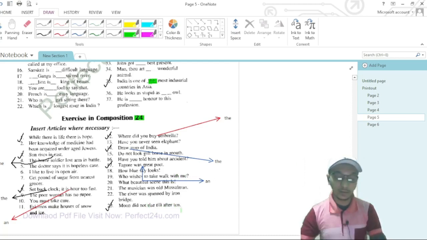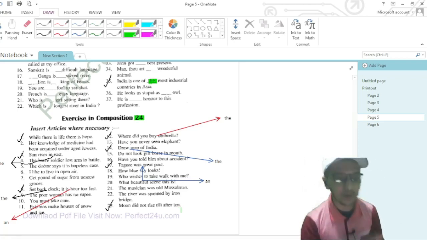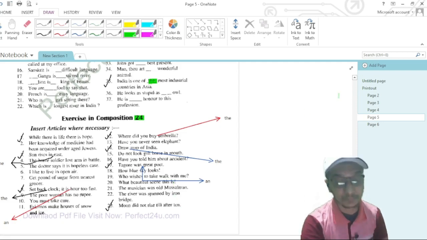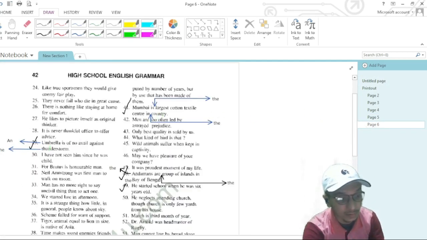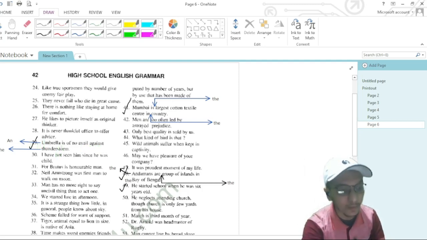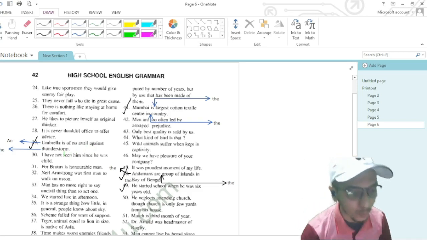In this sentence there is no insertion of article. The next sentence is: umbrella is of no avail against thunderstorm. The insertion or correction is: an umbrella is of no avail against the thunderstorm.